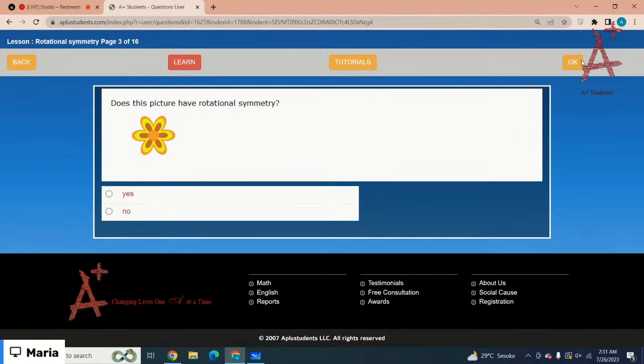Does this picture have rotational symmetry? The correct option is yes, it has rotational symmetry.